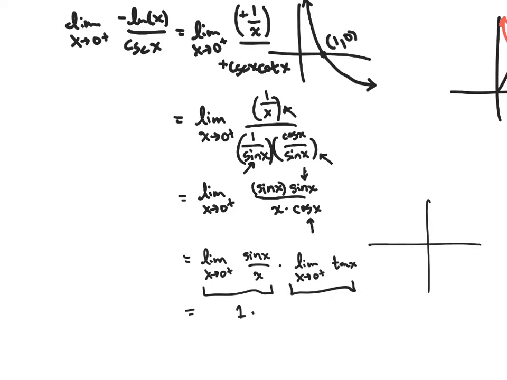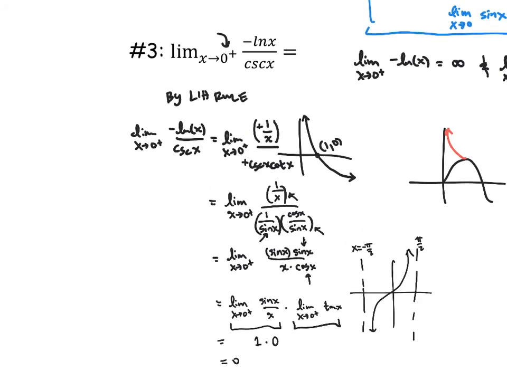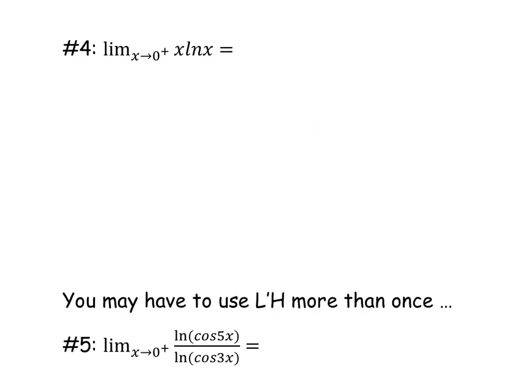Well, as I look at the graph of tangent, where there are asymptotes at x equals negative pi over 2 and pi over 2, it looks like as we approach 0 from the right, tangent is approaching 0. So it's a simple substitution. Therefore, this actual value, infinity over infinity, ends up equaling 0. So the limit as x approaches 0 from the right of negative ln of x over cosecant of x ends up equaling 0. Let's do one more example on the next page.